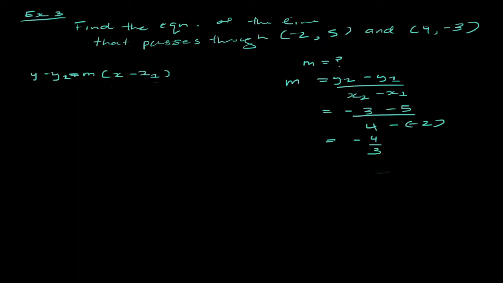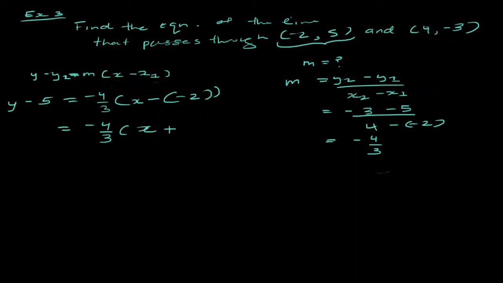So now we have the slope. And since we have the slope, we can just plug it into the other formula using any of the points. In this case, I'm just going to take the first point: y minus 5 equals minus 4 over 3 times (x minus minus 2). Simplify this down, and we get minus 4 over 3 times (x plus 2), plus 5 is equal to y.